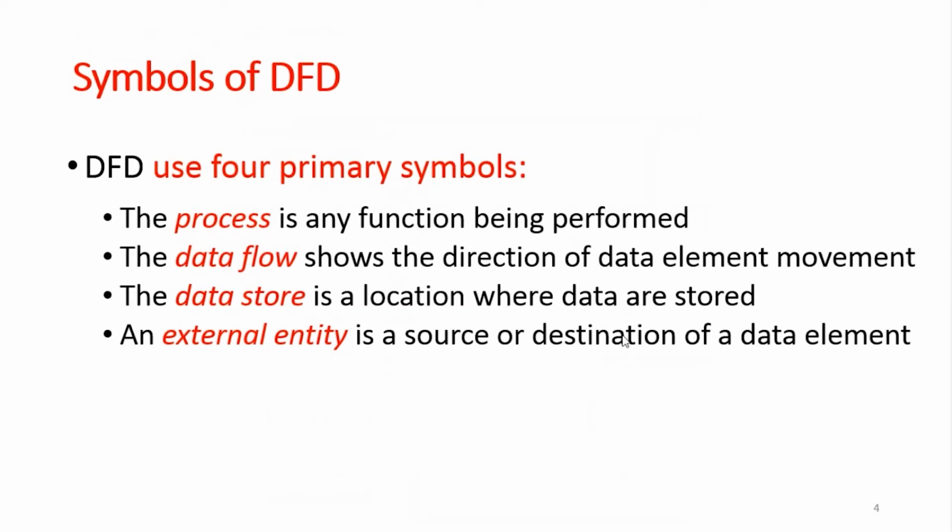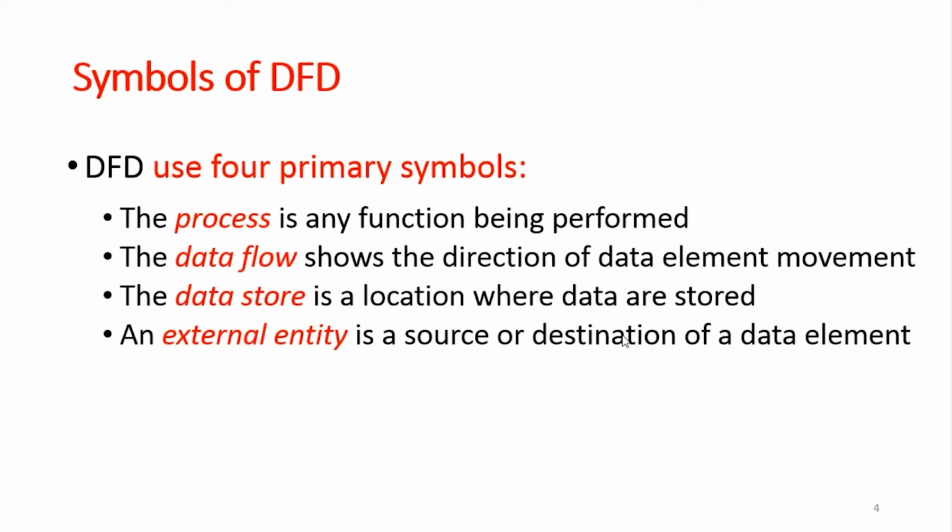Starting with the process. This process is any function which is being performed, and as I told you, they are represented using this circle, and the name of that process is written inside the circle. The name of the process is usually given in such a way that it will represent the functionality the system is performing, that you want to represent through this pictorial thing.